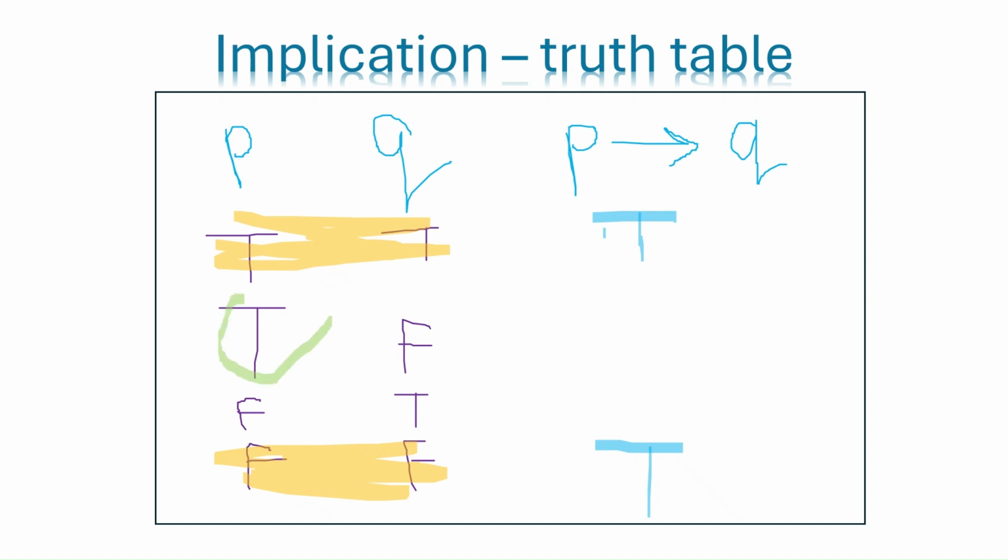So if P is T in an implication table, your final answer is going to be F. And if you begin the statement with F, your final answer is going to be true. Okay, so the implication table, if two statements are the same, it will be true. And when the two statements are not the same, your final answer is always the opposite of what P is. Okay, awesome.